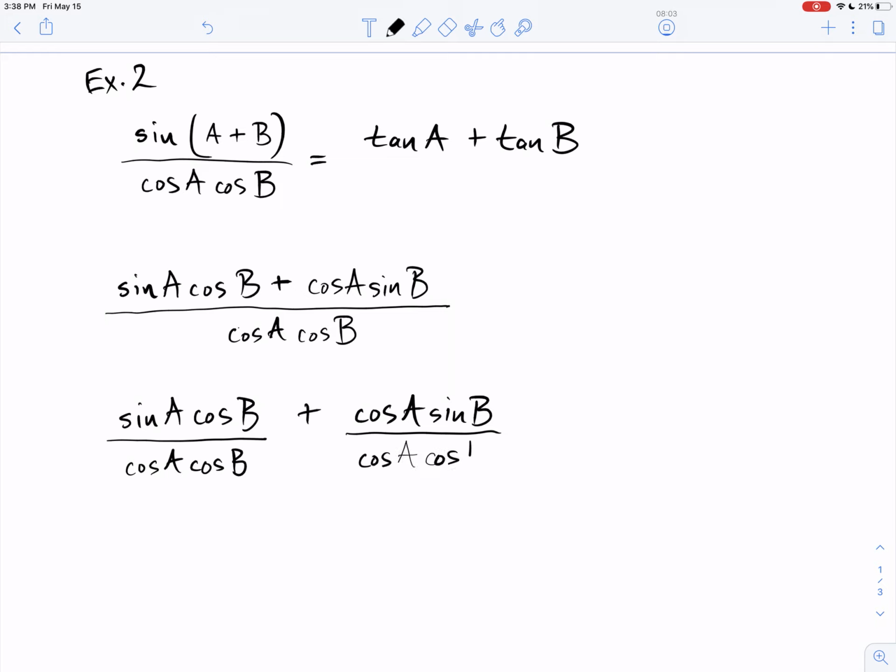Oh my gosh. You see what I did there? I just took it and I split it into two denominators. I'm working left hand. I forgot to write that down.